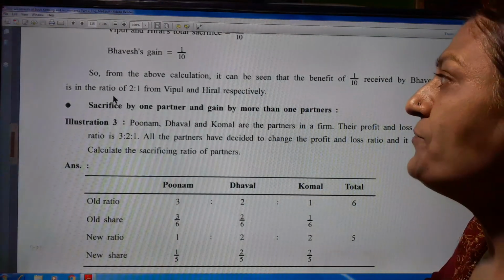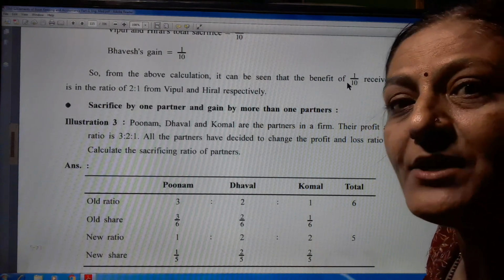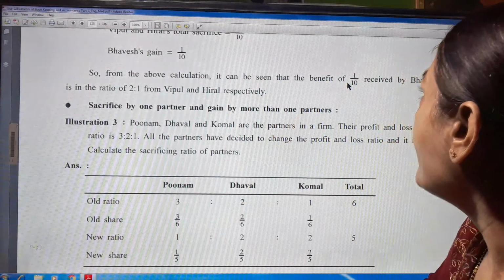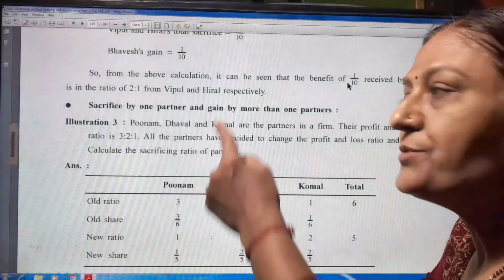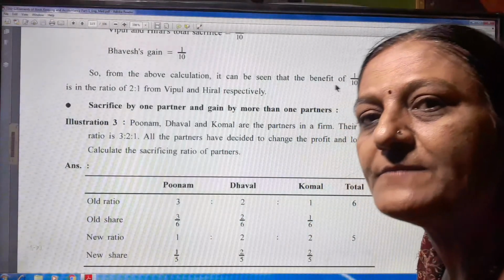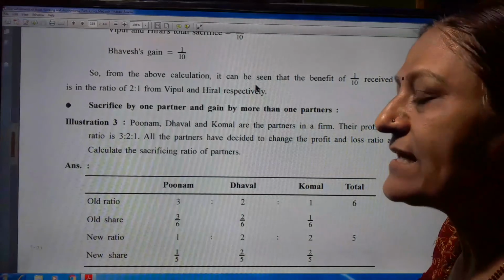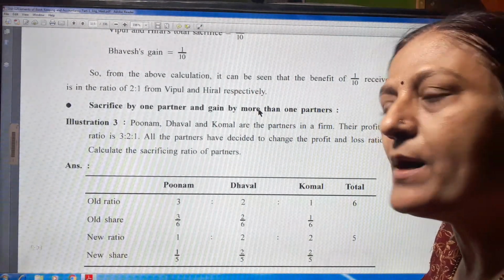So from the above calculation, it can be seen that the benefit of 1 upon 10 is received by Bhavesh in the ratio 2:1 from Vipul and Hiral respectively. This way, the sacrifice by more than one partner is received by one partner.